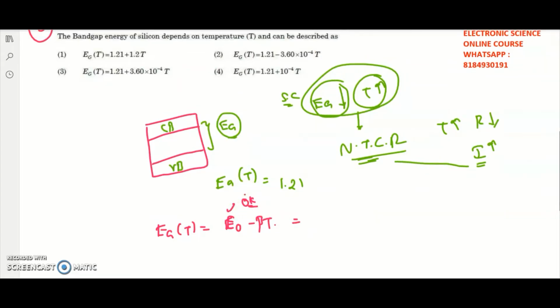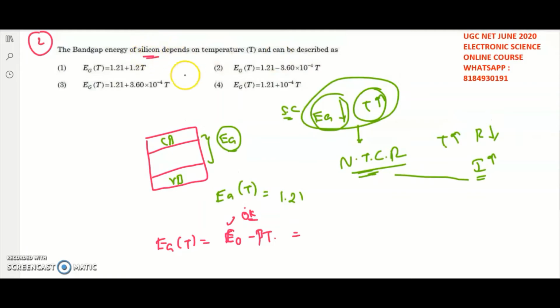In the question they are asking for silicon. So for silicon at 0 degrees we can take it as 1.21 electron volts minus beta. Beta is a material constant. For silicon the material constant is 3.60 into 10 power minus 4 into capital T, the temperature.